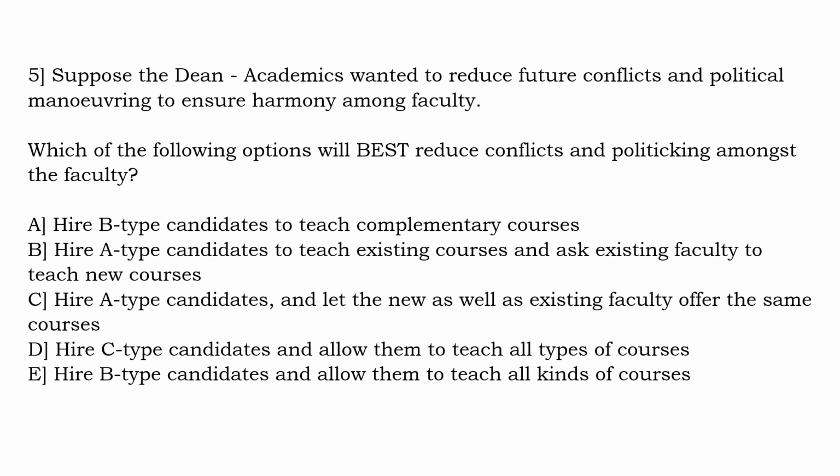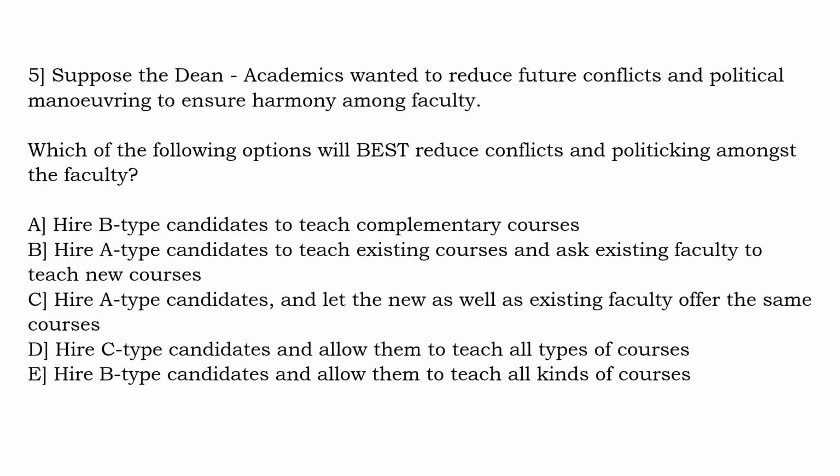So here again, the problem is that the existing faculty will still feel shortchanged, or they will feel that the new people are also being given the chance to teach the subjects that they have been teaching for so many years. So they will have some kind of ego problem here, because a new fresh candidate or a newly appointed person is teaching the same course that they have been teaching for so many years, because they are very much egoistic. That is already obvious from the passage.